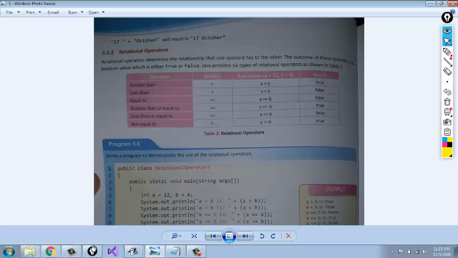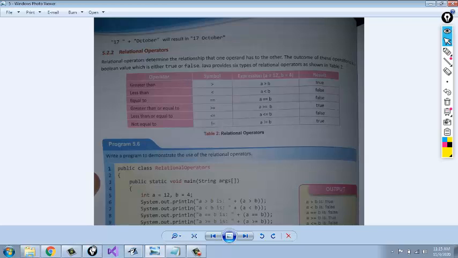Why is it true here? Because A has a greater value than B. Then what about here? The value of A is not equal to B or not less than B. That's why the output of this expression is false.